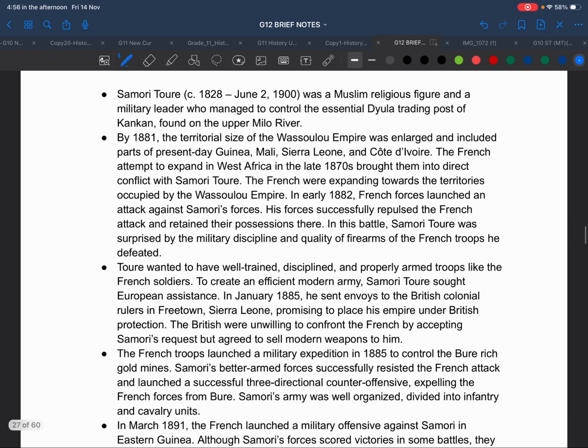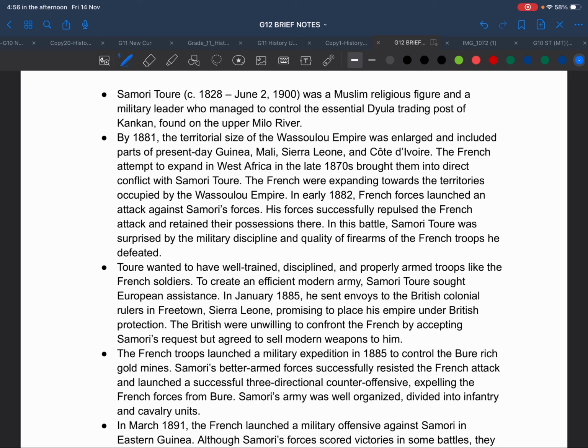By 1881, the territorial size of the Wasolo Empire was enlarged and included parts of present-day Guinea, Mali, Sierra Leone, and Cote d'Ivoire.